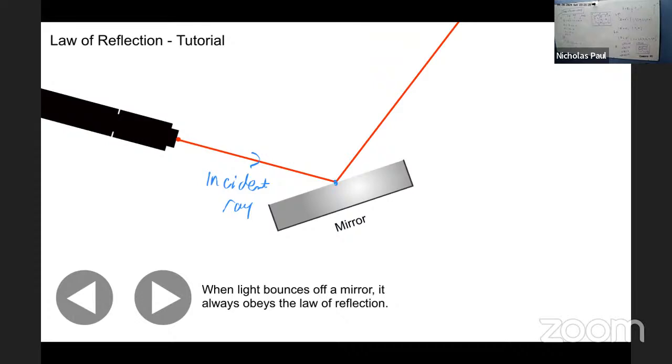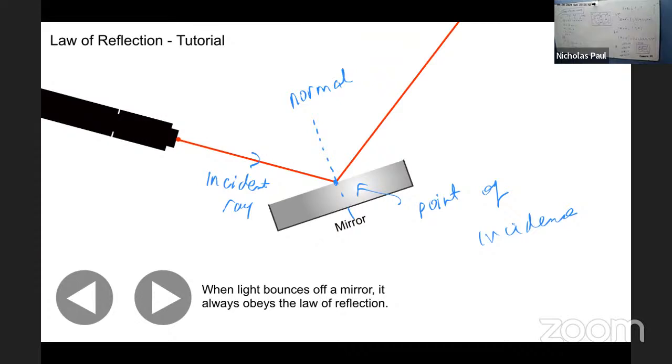That is your point of incidence. At that point, 90 degrees to the surface, we have a special imaginary line called the normal.